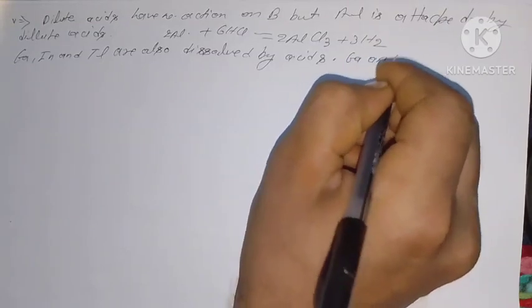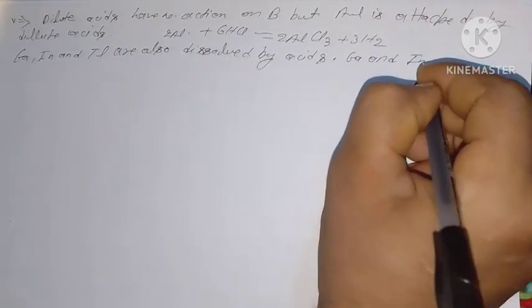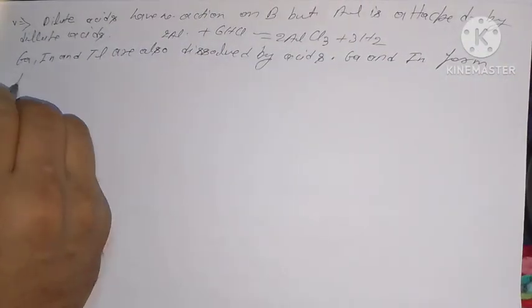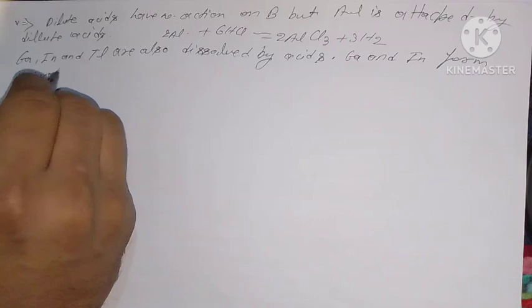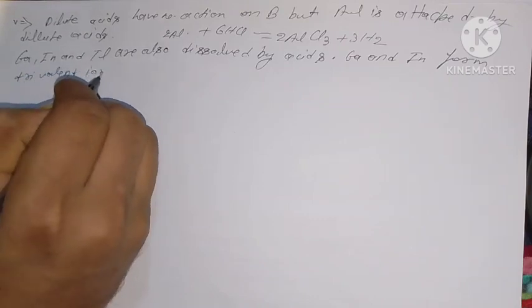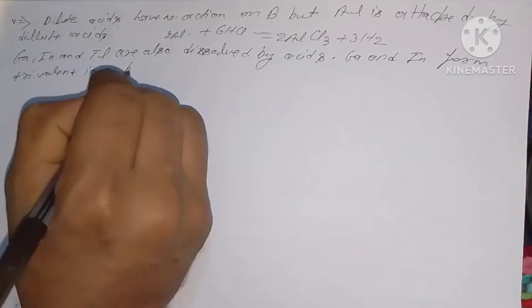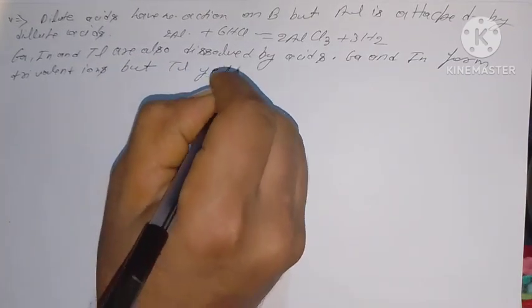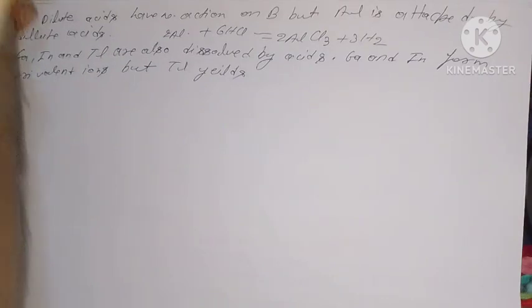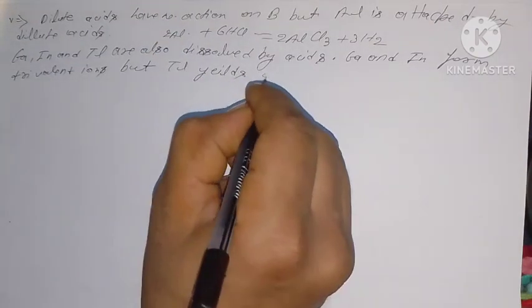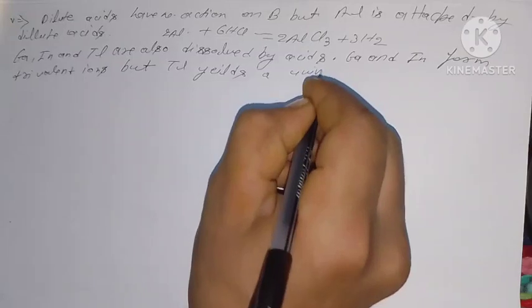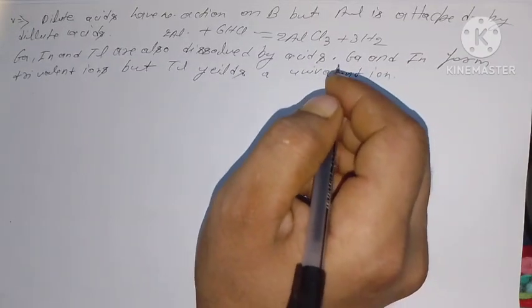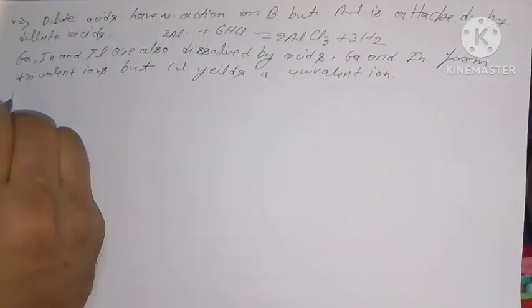Gallium and indium form trivalent ions, but thallium yields a univalent ion.